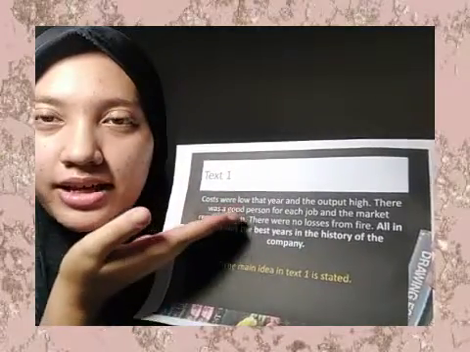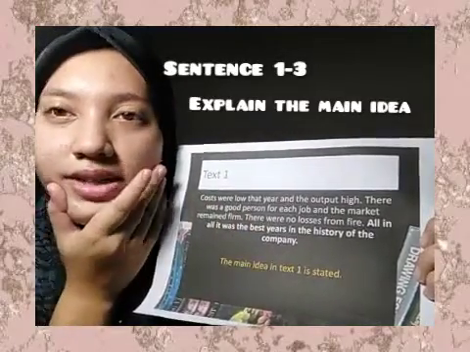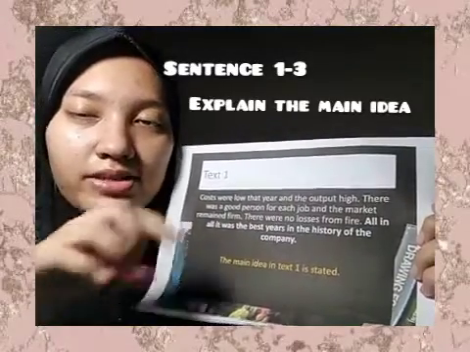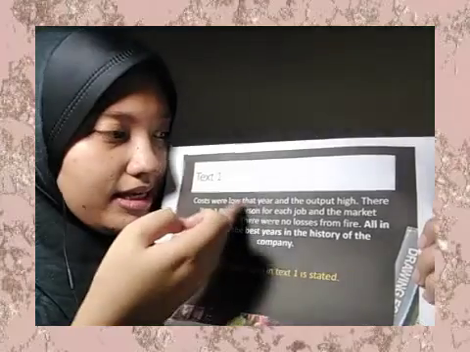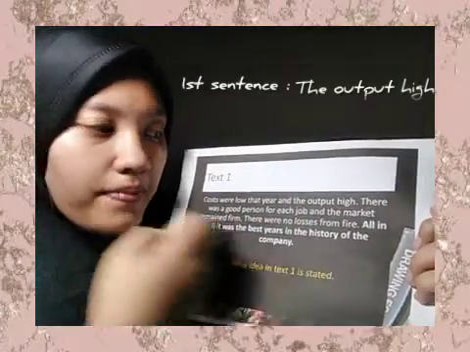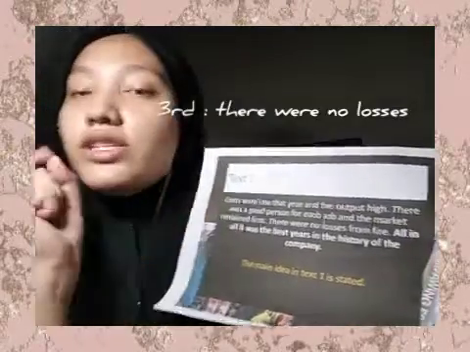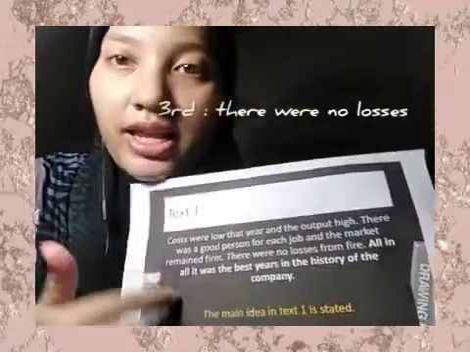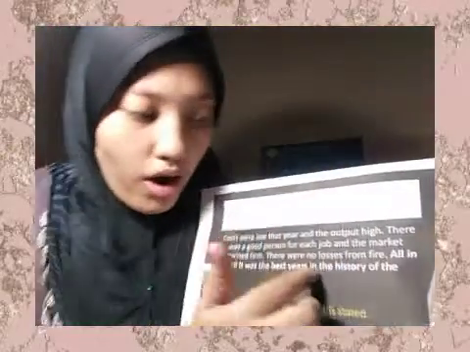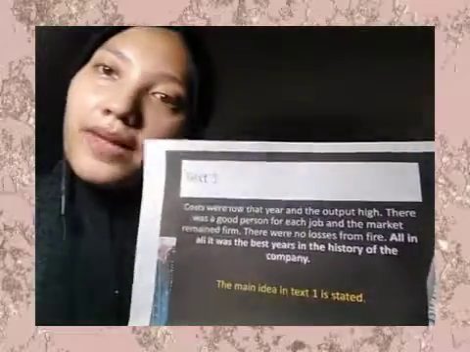Because the first 3 sentences give reasons why this year is the best year of the company, like the output high, there was a good person for each job, the market remained firm, and there were no losses from fire. So that's why the main idea is "All in all, it was the best year in the history of the company."